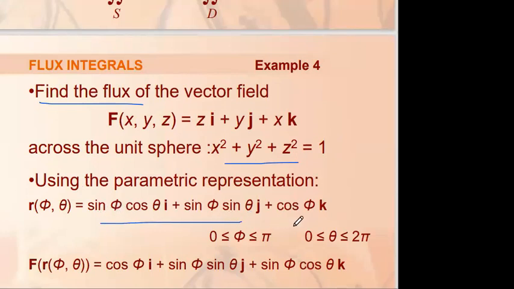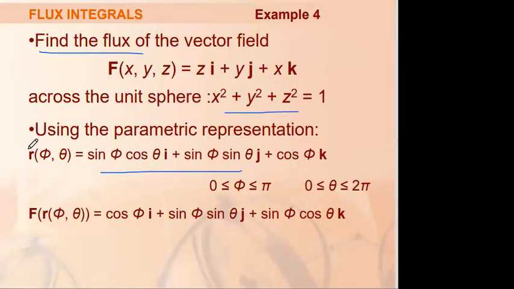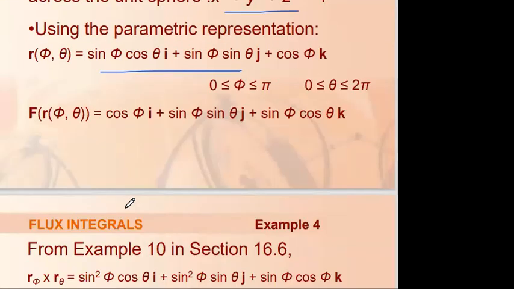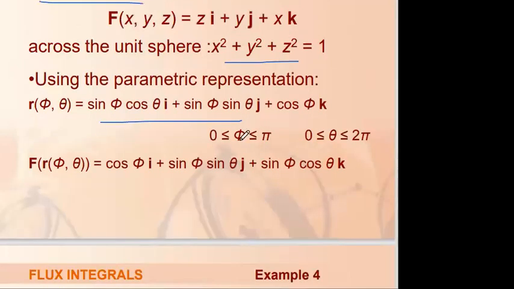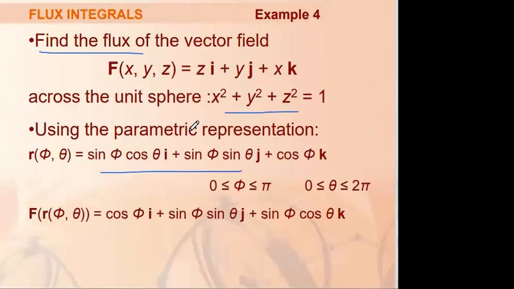That is your first job, using two parameters, u and v, or you can use any notation. And identify the region of variation of these two parameters. So this is a full sphere.